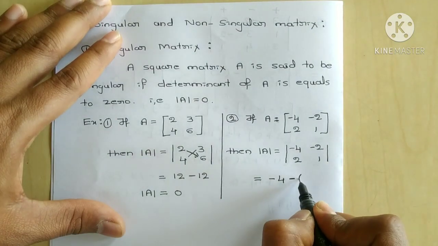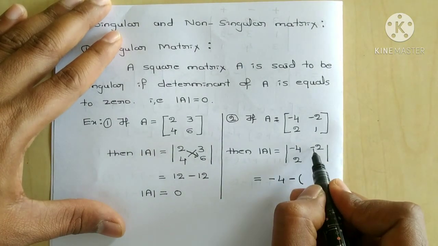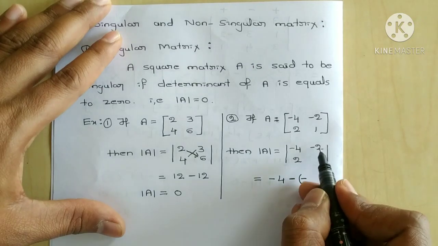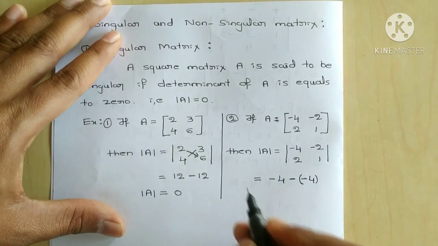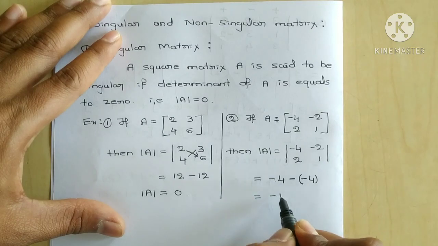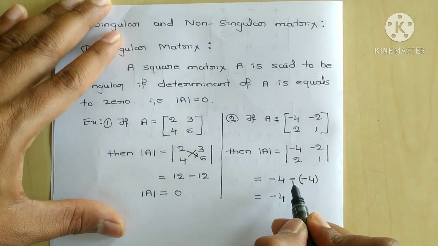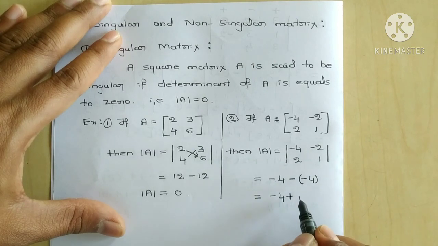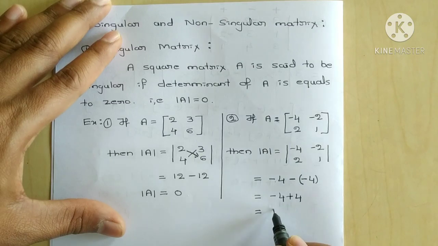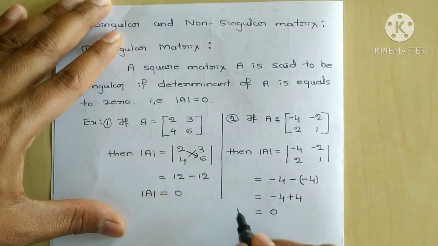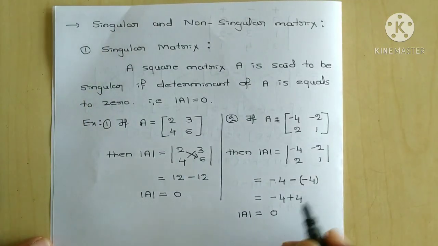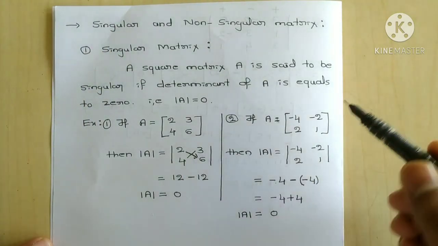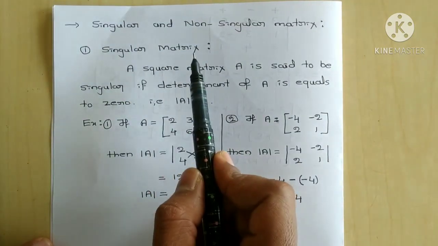Negative sign. Again in the bracket, plus into minus is minus, 2 into 2 is 4. So this equals minus 4, I keep it as it is. Multiply the sign first: minus into minus is plus. The remaining element is 4. Therefore finally minus 4 plus 4 goes to 0. The determinant of A value you are getting is 0. Therefore such a matrix is called a singular matrix.